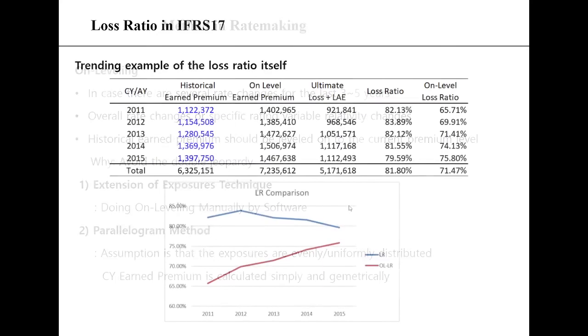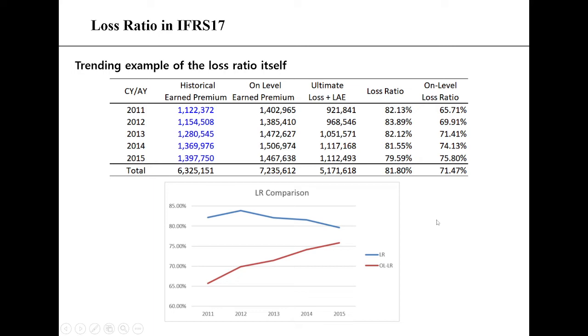So I'm not going to go into the detail. And another issue is that on the losses side, I say there are two adjustments. Let's say I didn't do anything about the trending. It means that you just develop the losses up to the ultimate, and that's the ultimate loss.